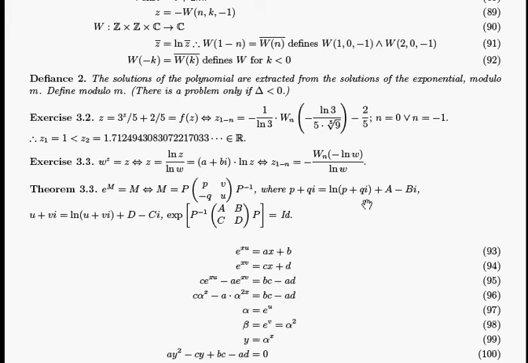The logarithm of the same thing plus a minus bi is a constant. The logarithm of u plus vi plus a constant is u plus vi, and the matrix A, B, C, D with the same P inverted and P must be the identity, a kind of L.